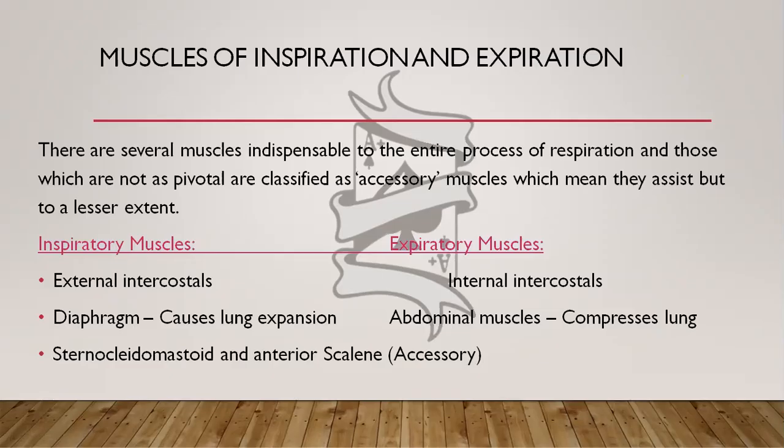And we know that things will move from higher pressures to lower pressures. Therefore, by altering that pressure with the contractions of these muscles, they create pressure differences that are so essential in ensuring that air is moving in one direction, from the atmosphere and into the lungs. Everyone understands that?